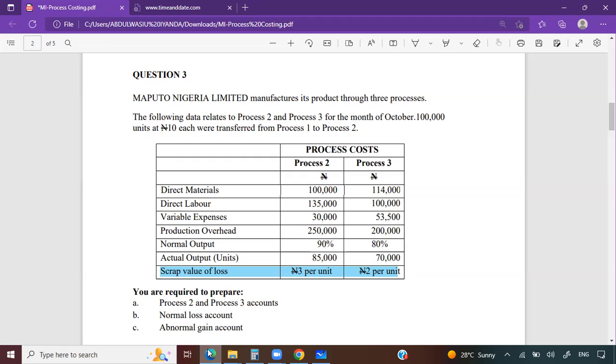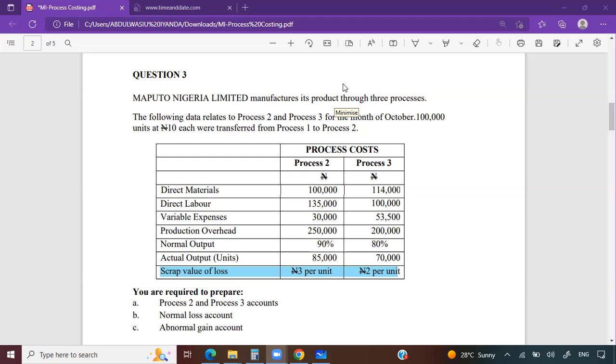Are you saying in questions that we might see, if 20% is stated, are we supposed to use 80% as the solution? So are you saying 100 minus 90% as the normal loss? Is there a standard way of calculating?